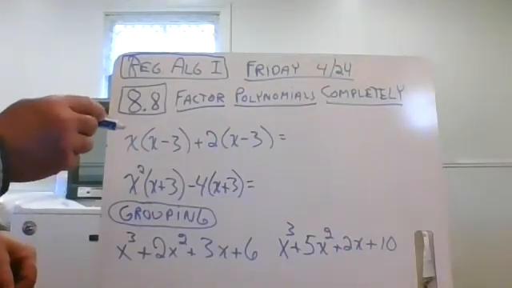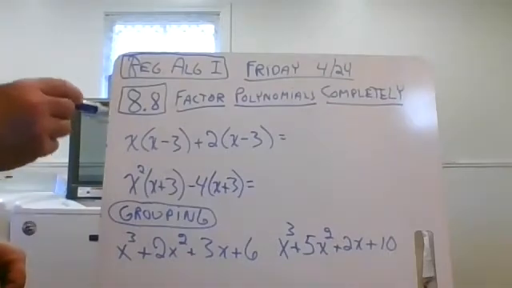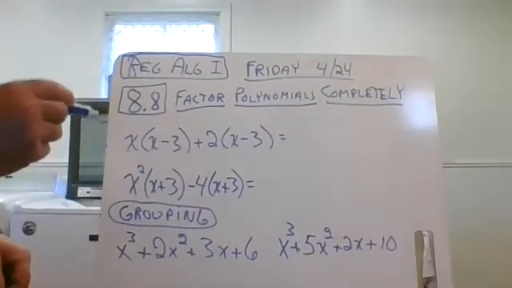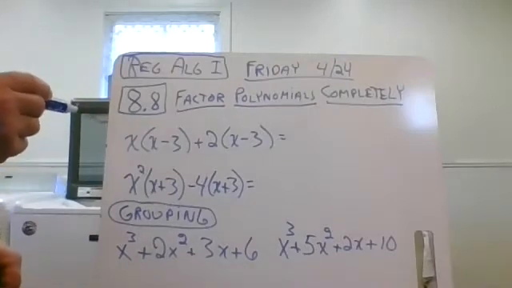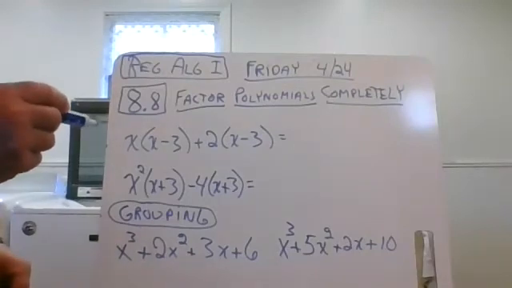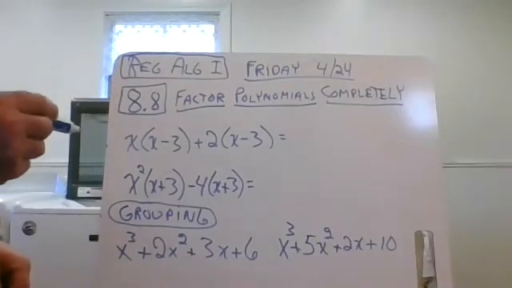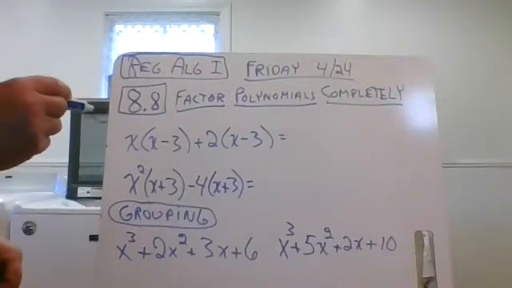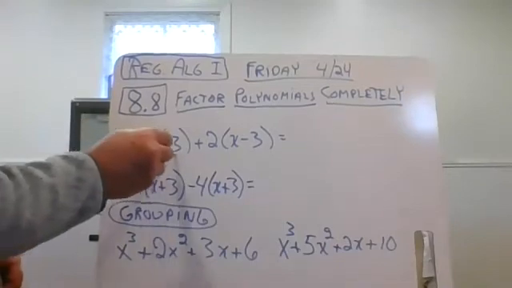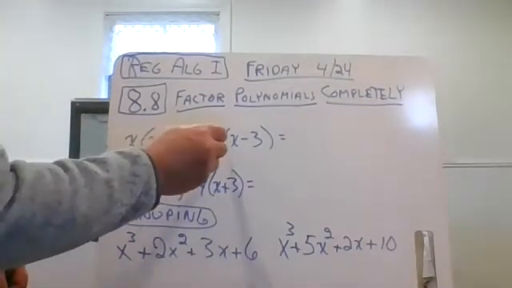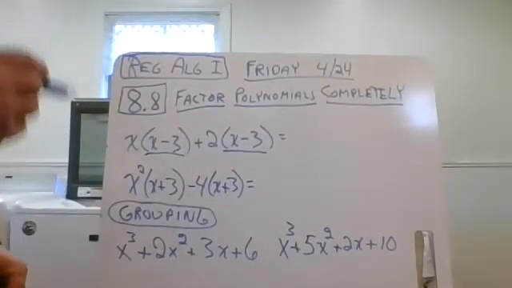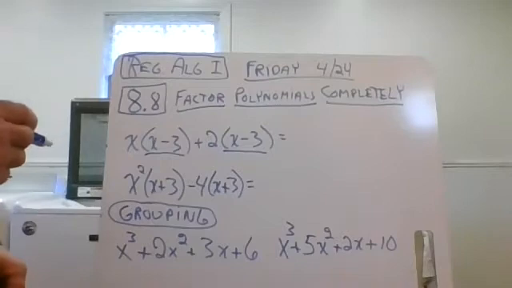So the first thing you have to do is look for a greatest common factor. Only here, what's different is that the greatest common factor happens to be a binomial. So take a look at what you have in each of these expressions. You've got an x minus 3 here and an x minus 3 here. That's the common factor.